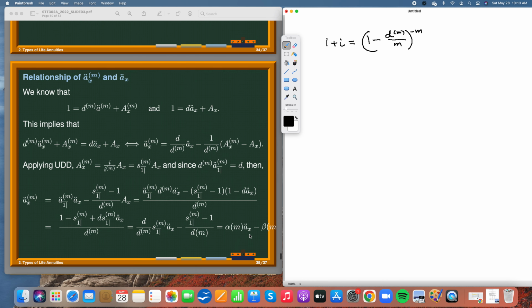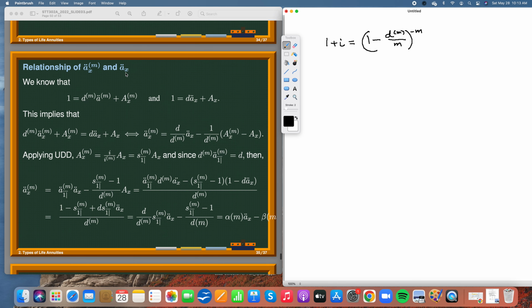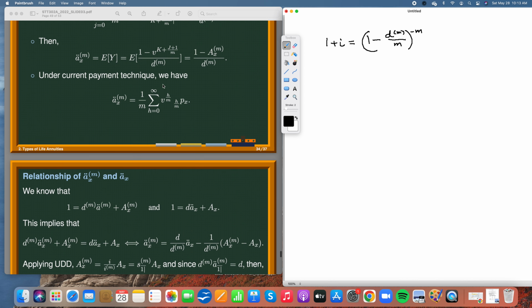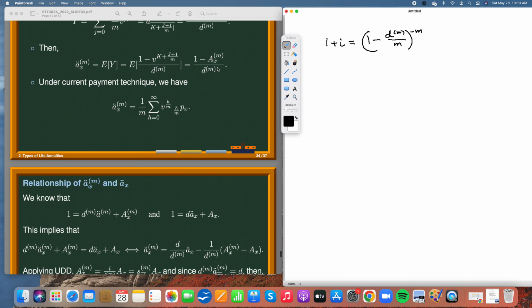Now, let's talk about the relationship between these two actuarial present values: the one that is payable at the beginning of each year and the one that is payable at the beginning of each m-th of the year. The payment here is 1 per year. Here it is 1 over m. We know the following from our earlier discussion, and from the previous slide this could be obtained from here.